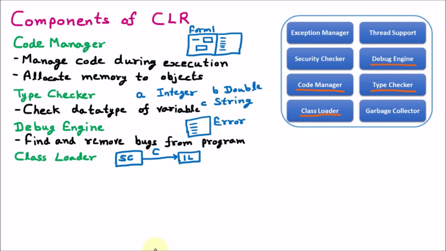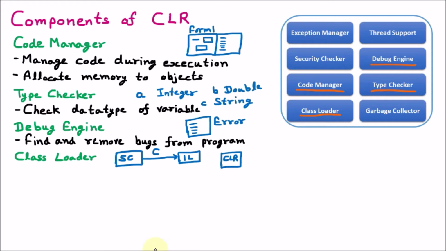So here this intermediate code is now loaded into the environment. Let's say this is the client machine, and on the client machine we have given this intermediate language. Here it will have the CLR, and the CLR will have the class loader.